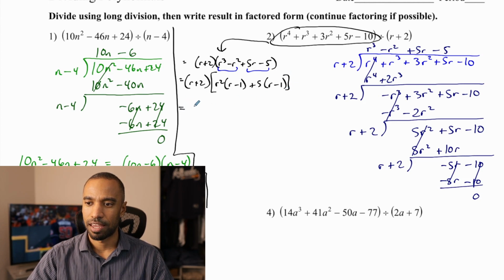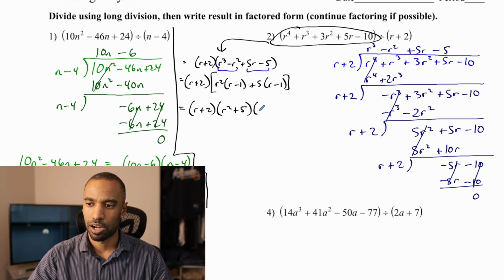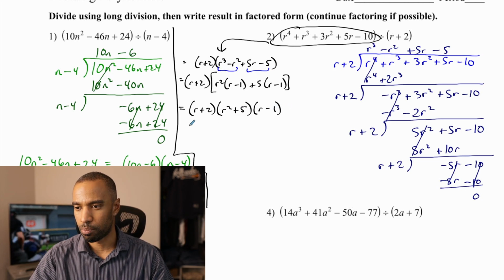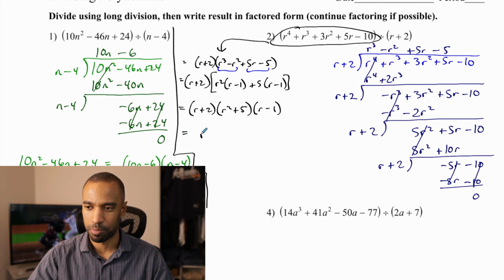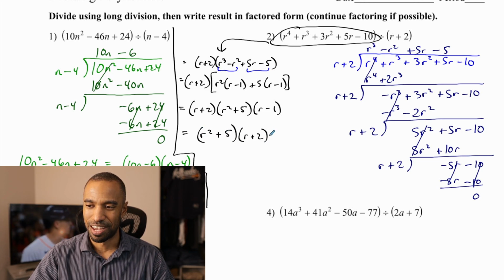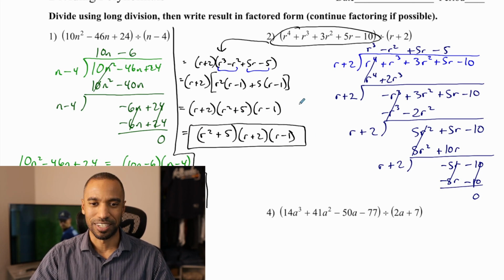And so then that factors into r squared plus 5 and r minus 1. And you know what? My OCD is kicking in here. I want the r squared plus 5 first. r squared plus 5 times r plus 2 times r minus 1. And we are factored down there, all hunky-dory and such.